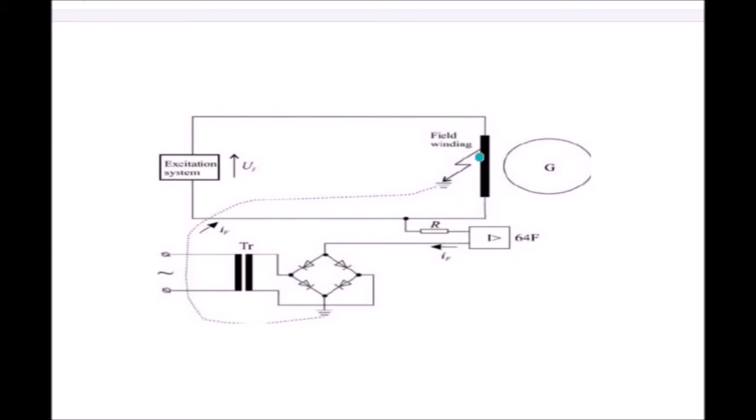Now what happens when a first earth fault occurs? Now see, there is a closed path available to flow this fault current. So a first earth fault on a rotor is detected with the help of these protections, and an alarm is sounded to indicate the presence of a first earth fault on the rotor.